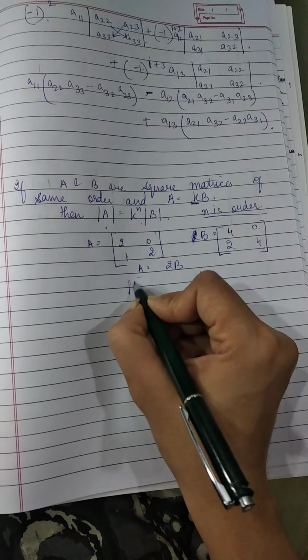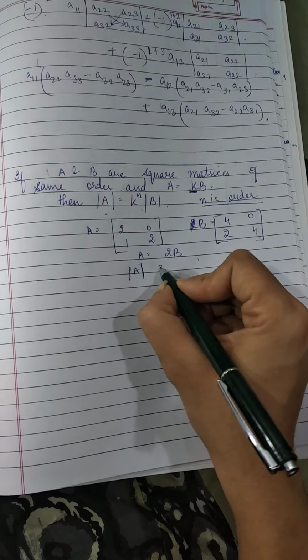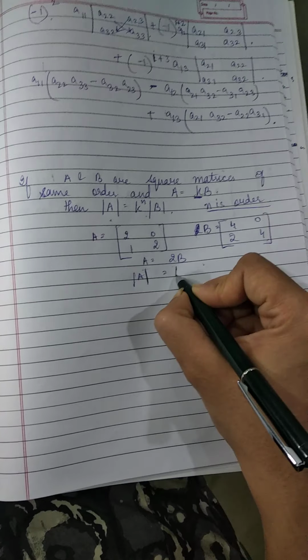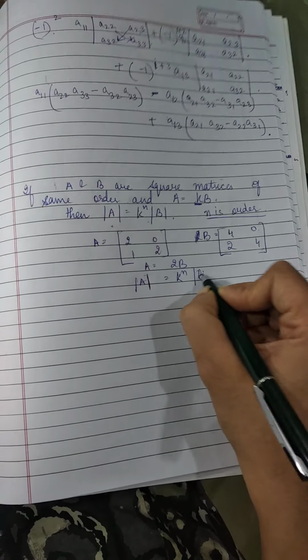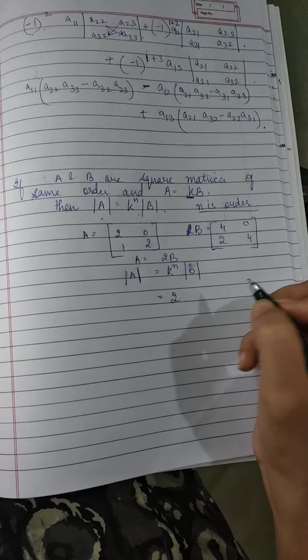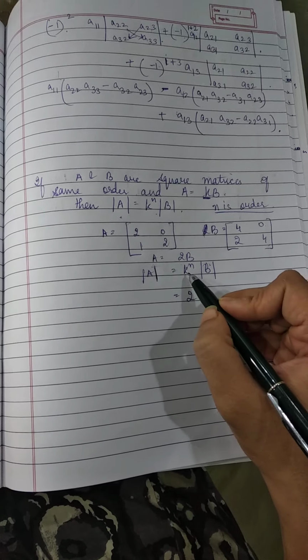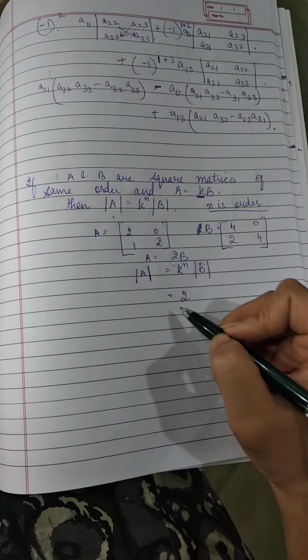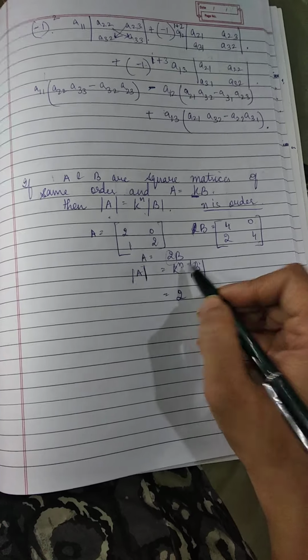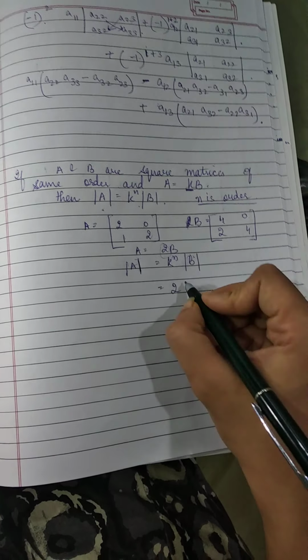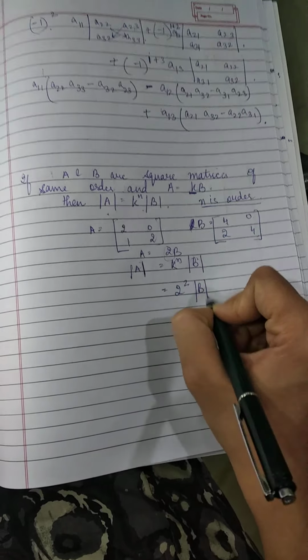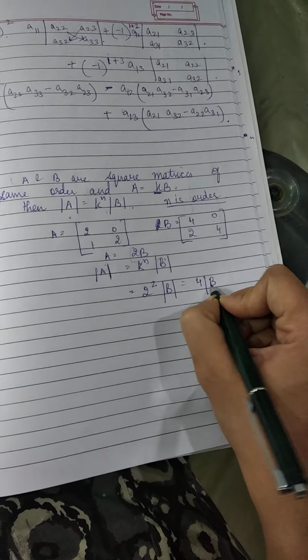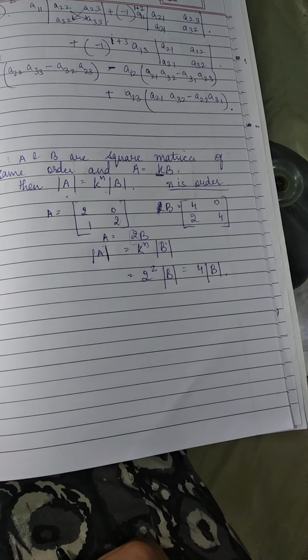So remember, in that case, determinant of A is equal to K to the power n times determinant of B. What is K? It's 2. K is a scalar multiplier, and n is the order of the matrix. I told you it's a 2 by 2 matrix. So it's 2 squared, which is 4.